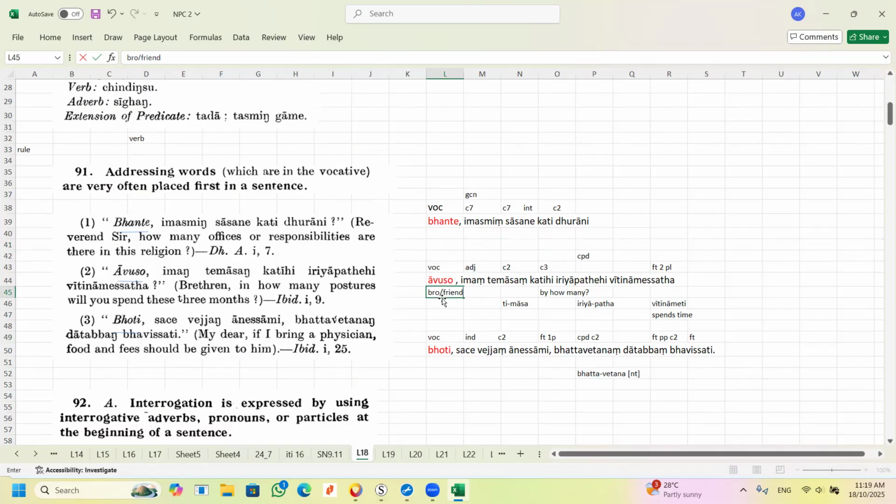Avuso, friends. That means, let's say, a Buddhist monk and another sect's ascetic will use avuso, friend. Not a monk, when they say avuso, they say brother or something like that.